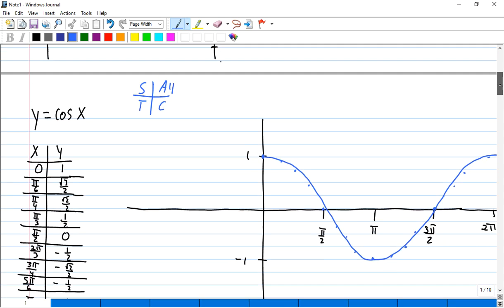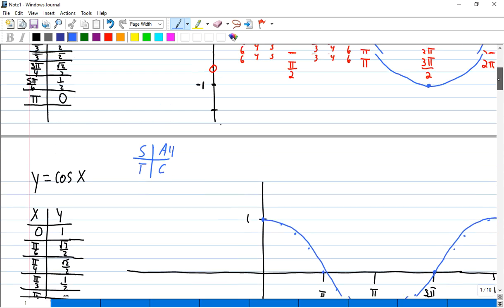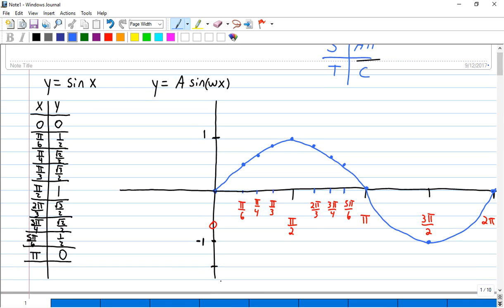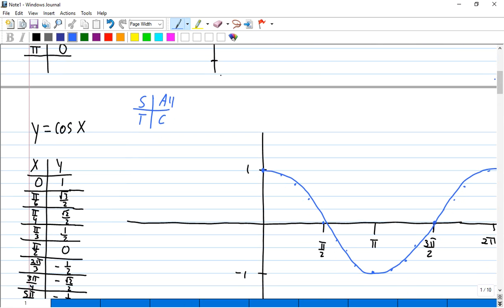Now, if we change the value in front of the trig function, this is for sine or cosine. So if we change this a right here, and I'll tell you what that stands for in just a second. If we change the a, then that's going to change the high point and the low point.